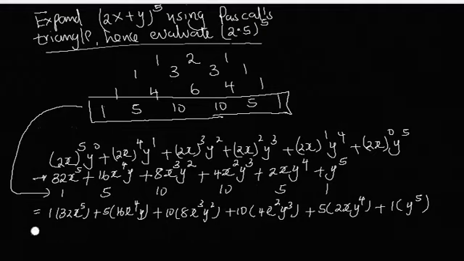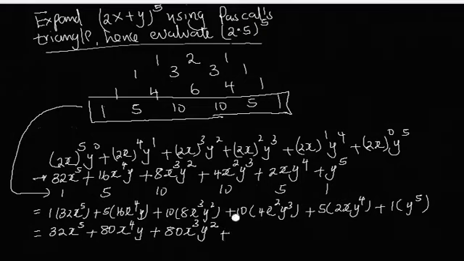And if we open brackets, we're going to have 1 times 32, which is 32x^5, plus 5 times 16 is 80. So that is going to give us 80x^4 y, plus 10 times 8 is 80. So 80x^3 y^2, plus 10 times 4 is 40.